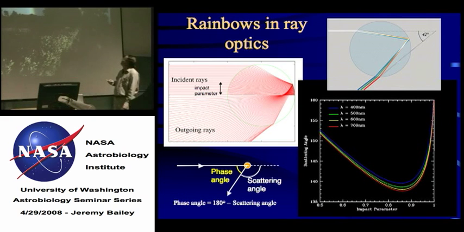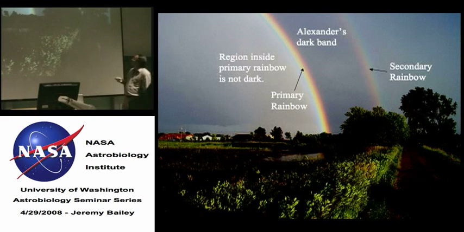So this is what rainbows look like, and I've exaggerated the contrast a little on this picture to show up the effects. So you get the circular rainbow, that's the 40-degree angle around the anti-solar point. You get the coloured primary rainbow, and the region inside this rainbow is not dark.